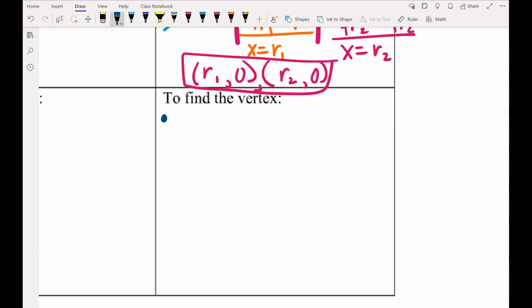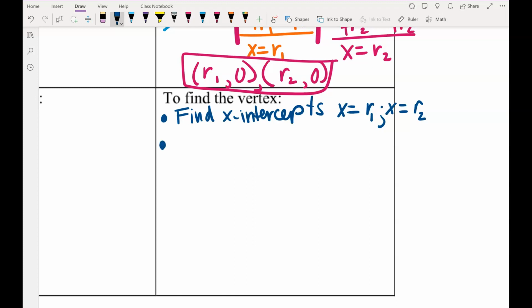First we set x minus 1 to 0. Find the x-intercepts, which are always x equals r1 and x equals r2. They're not all the time that we would have both, but okay.